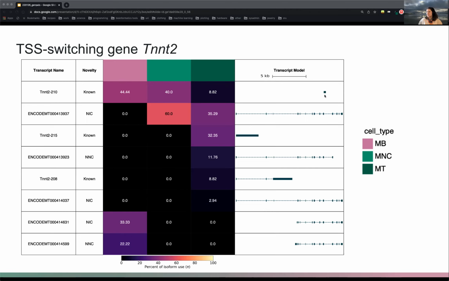So this one here, which is ridiculously short, as well as these two here. Whereas in the mononucleated cells and the myotubes, there's a higher preference to express these longer isoforms with these upstream 5' ends. So pretty cool that we can identify these robustly with Swan right out of the box.